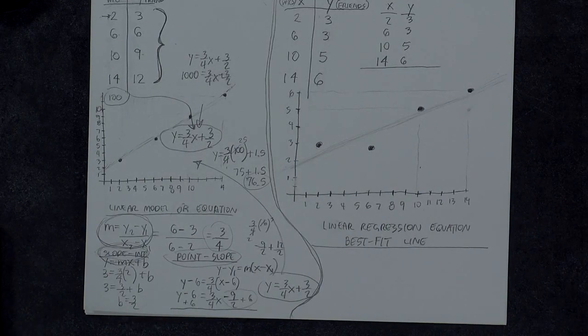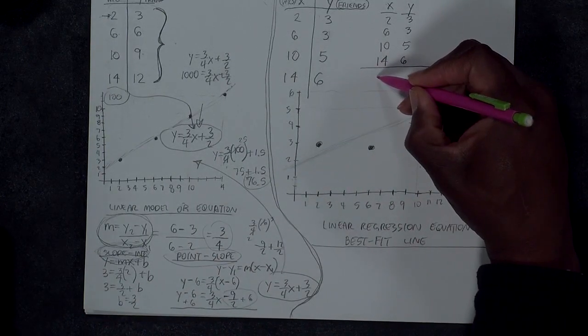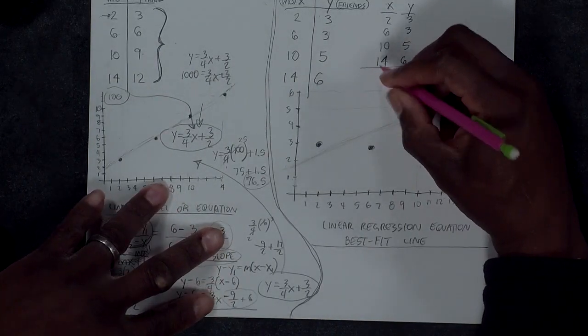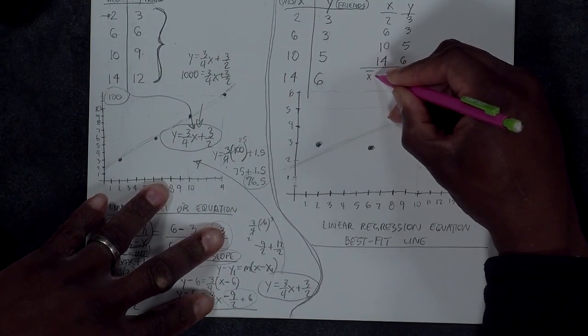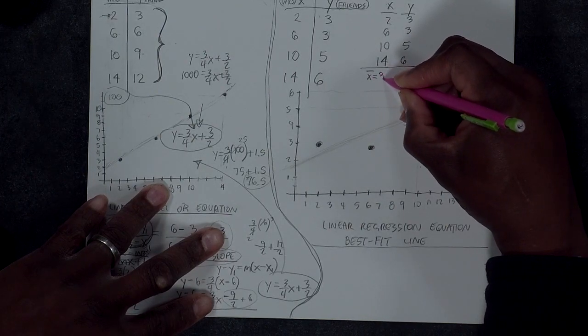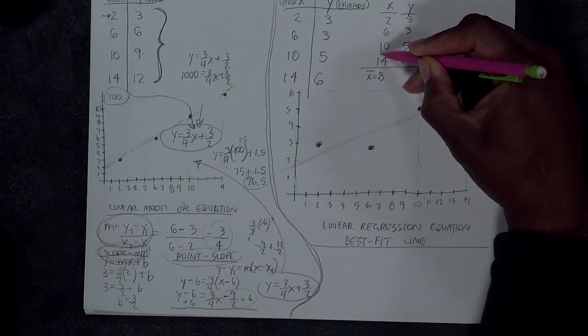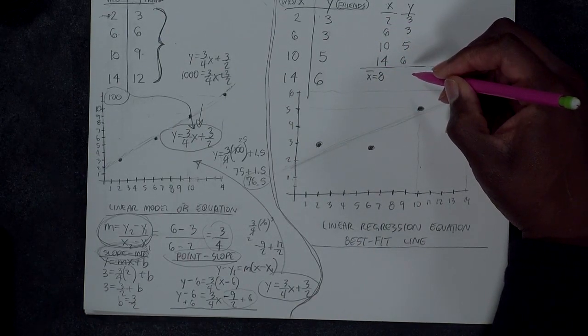We take 2 plus 6 plus 10 plus 14, and divide that by 4 to get an average. The sum was 32, divided by 4 to get 8.